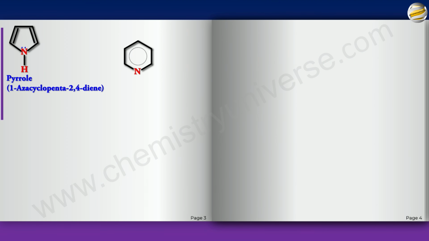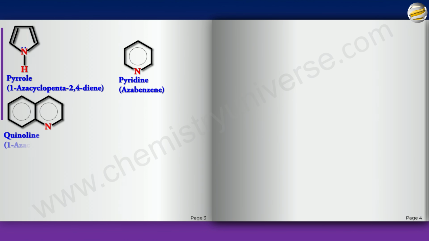Then you need to know this, and we already know its common name, pyrrole. The common names are more important. And of course, it is 1-azacyclopentadiene. Just go and check out the IUPAC nomenclature. You'll understand. This is pyridine, which we call azabenzene. This is quinoline, 1-azanaphthalene.